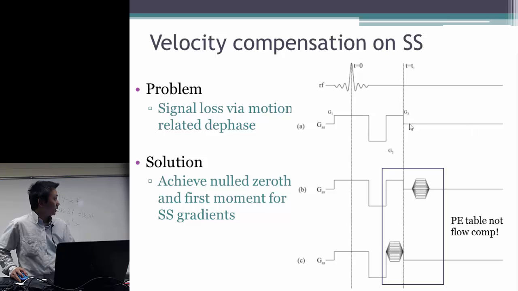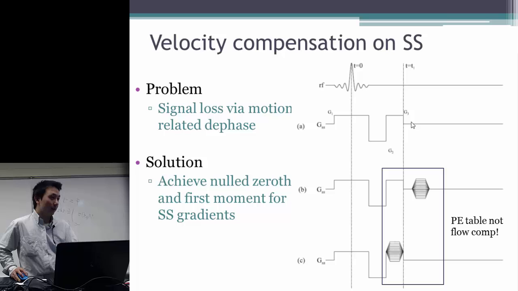Now we know that for any time point after all these gradients, starting at this time point, we will have zero zeroth moment and first moment, right?